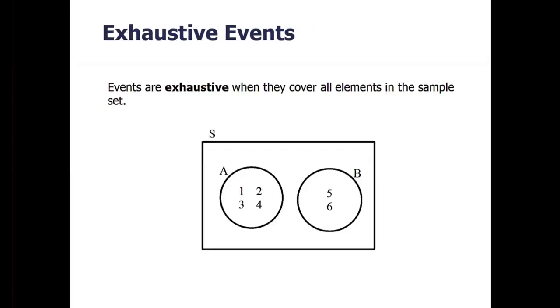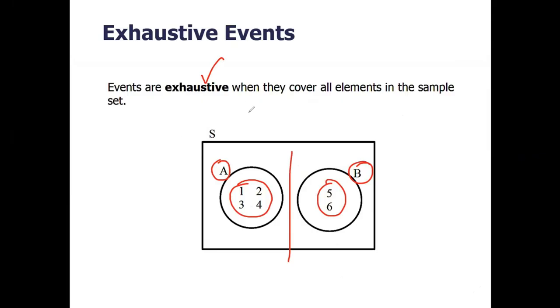This is actually perfect with what we see over here. These two, A and B, they are exhaustive. Why? Because they take up all the data, which means they're exhaustive, but also they are mutually exclusive, which means they're complementary.